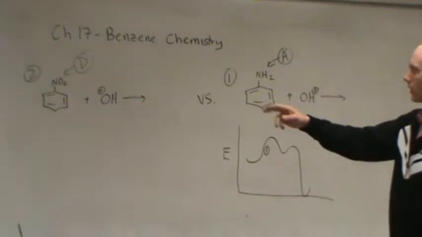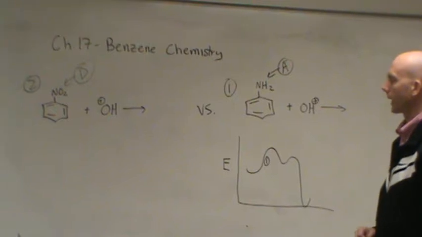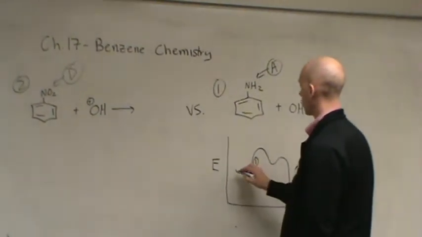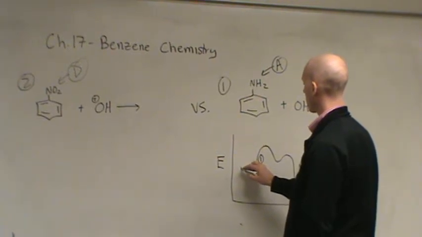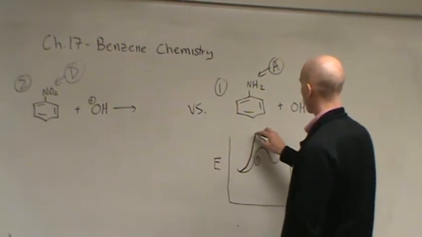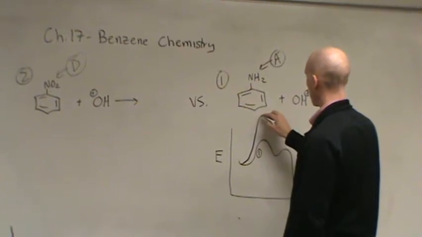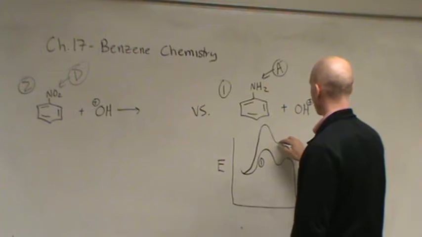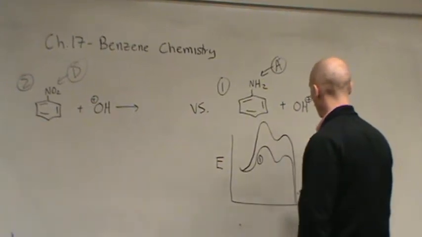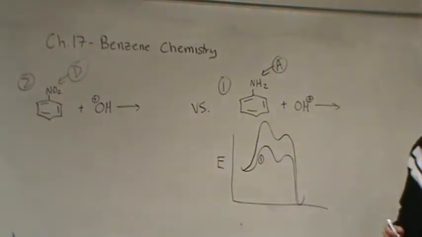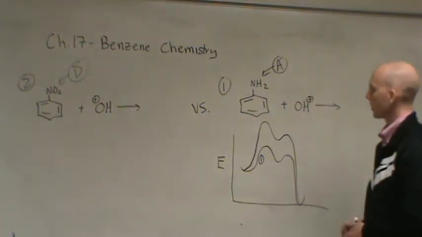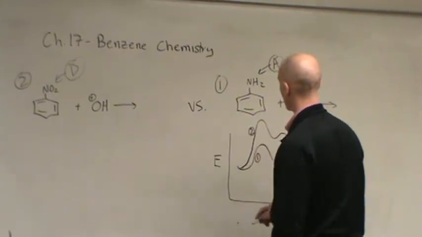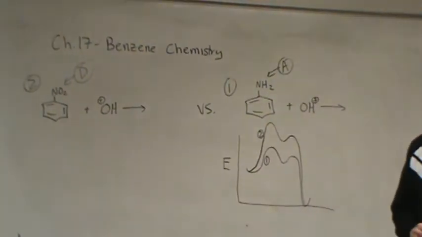Now let's compare it to the deactivator reaction where we have the nitro group. What's going to be the difference there? Well, it's going to be a difference in the activation energy. It'll be much higher, won't it? Then when the sigma complex forms, it'll be of higher energy, and then we go down. Okay? So this one here, we can label number 2.